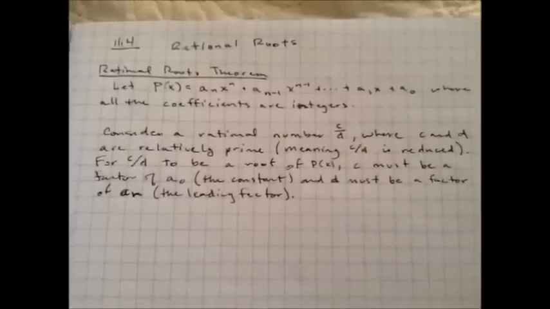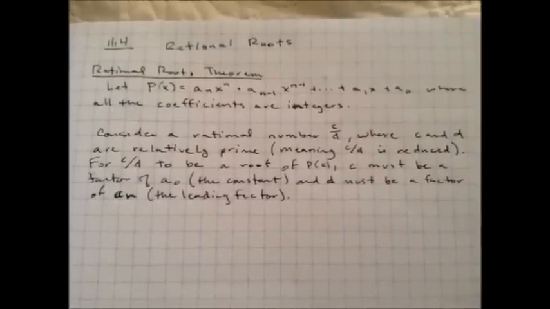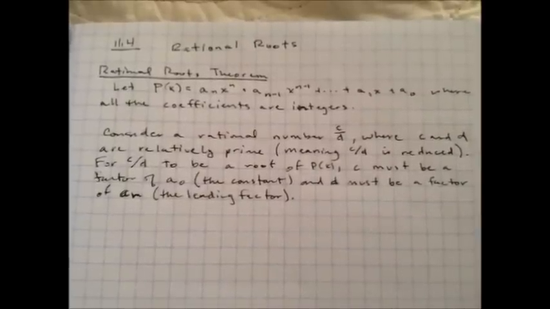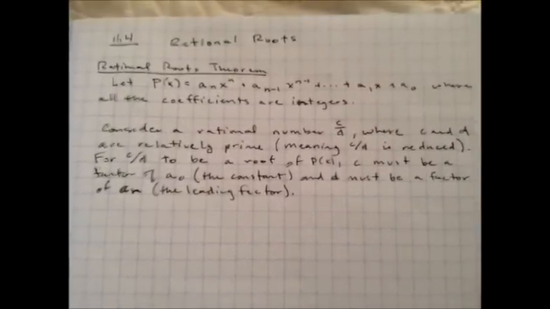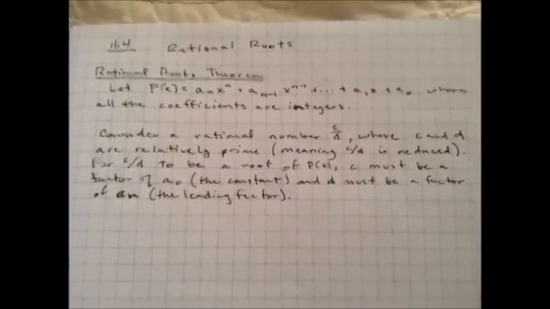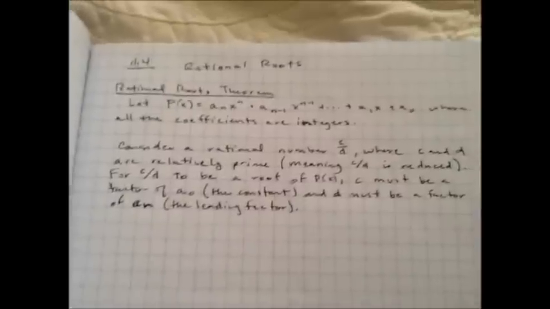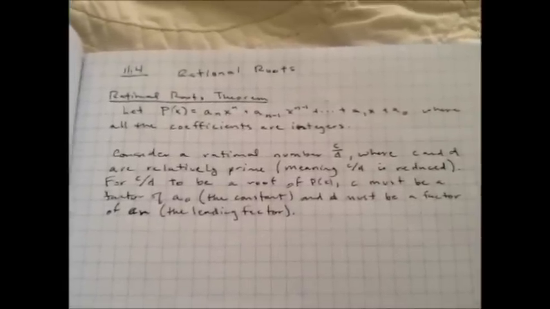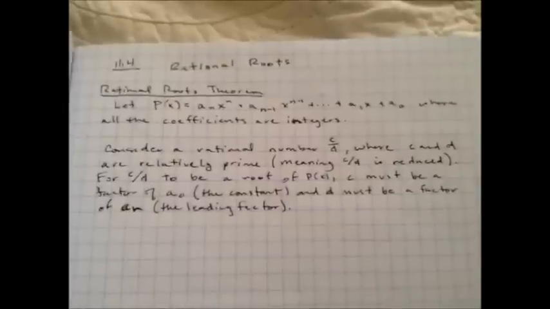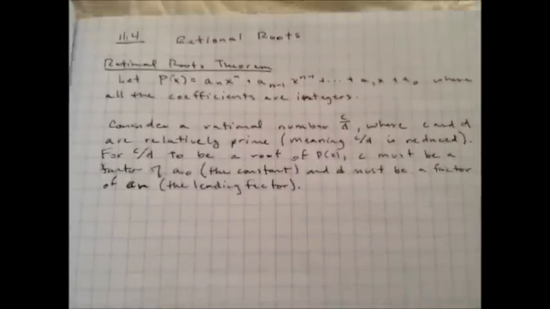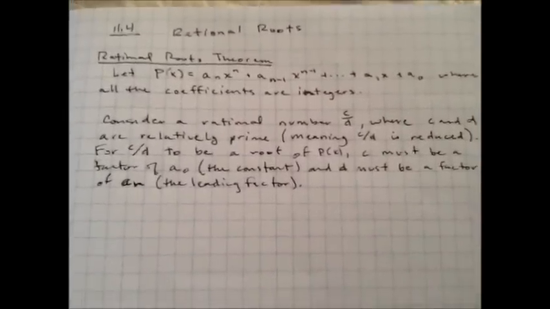And if you notice, we're stating that all those coefficients, a sub n minus 1, all the way down to a sub 1 and a sub 0, are integers. So we have rational coefficients, which means that we know that conjugates are also going to be roots from our other theorem.